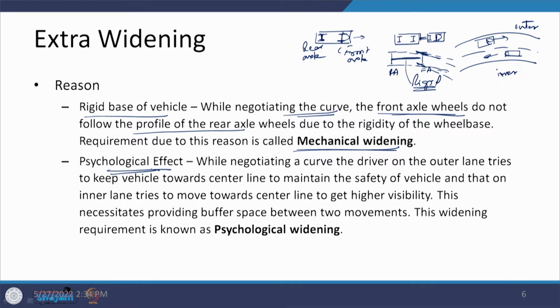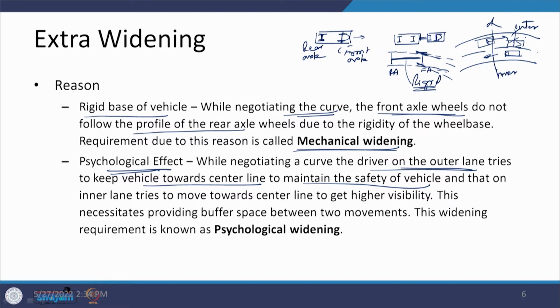What it says is that while negotiating the curve, the drivers on the outer lanes try to keep the vehicle towards the center line to maintain the safety of the vehicle, because this force is acting outwards. They will try to steer closer to the center line, because if anything wrong happens, at least they have the space. So, if they are moving closely like this, this much space is available to them to maneuver and rectify if something wrong happens.